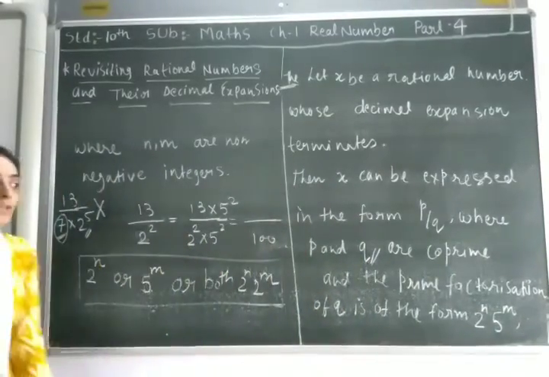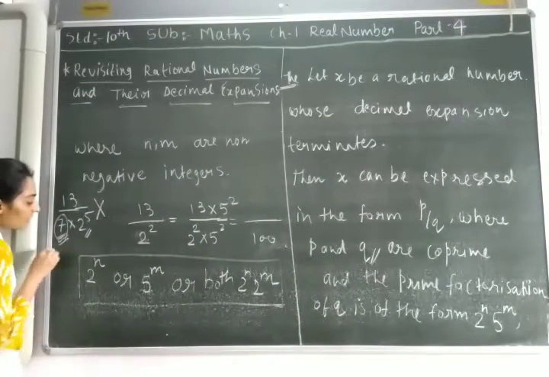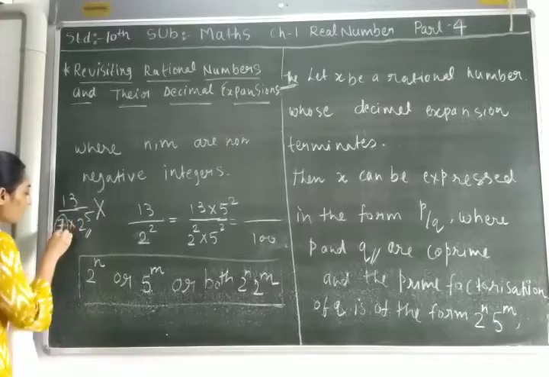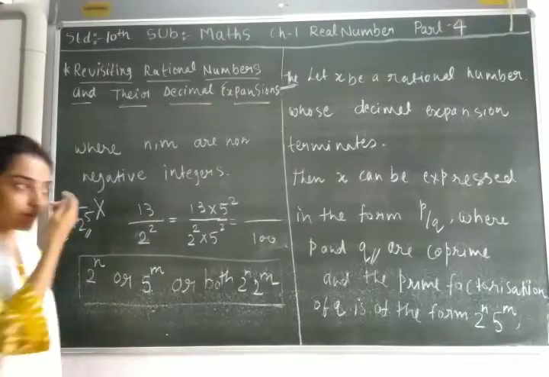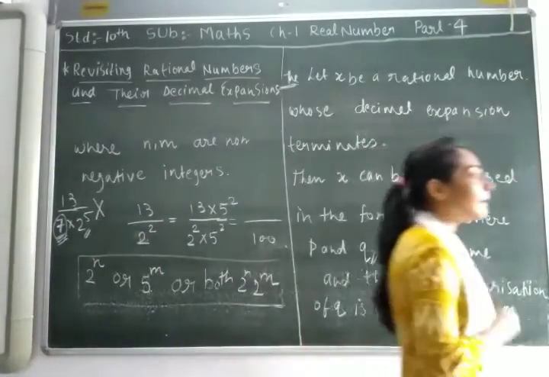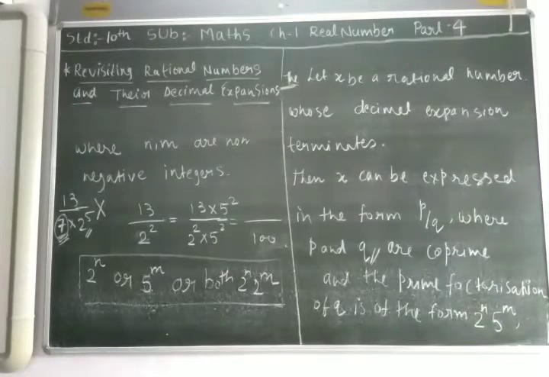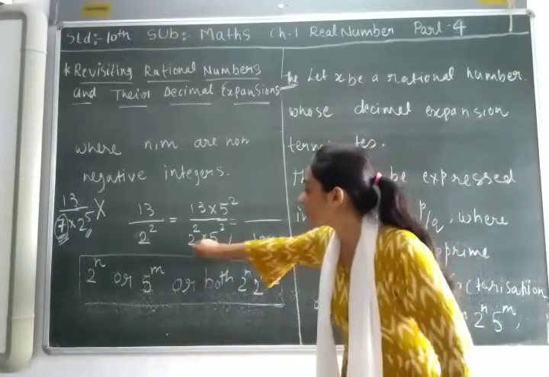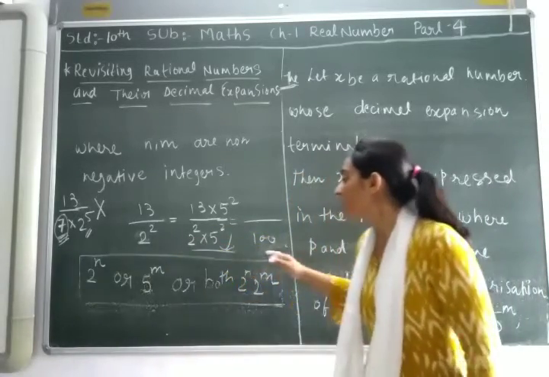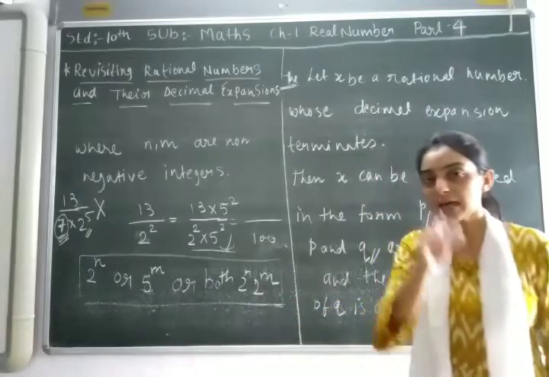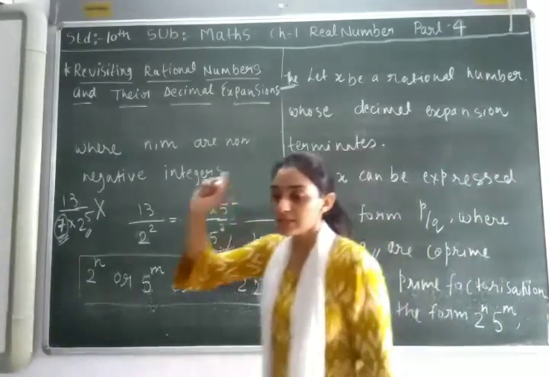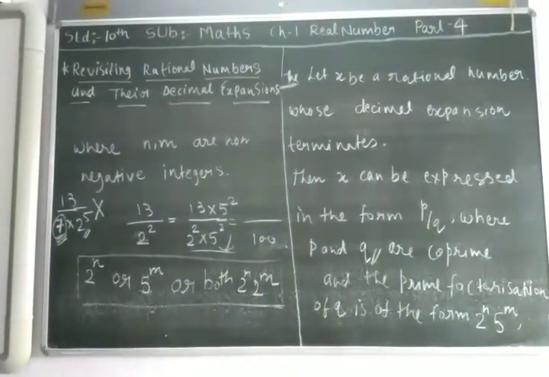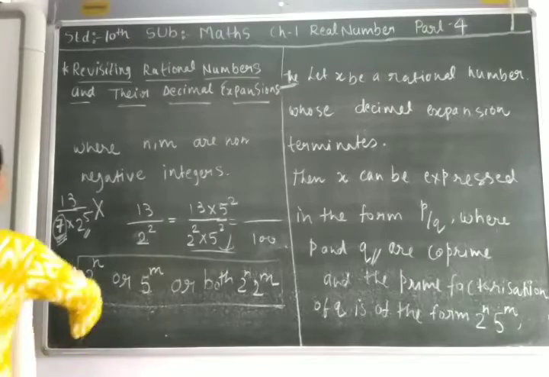We have a problem with other digits. If any other digit comes in the denominator, we cannot say it's terminating; we can directly write it's non-terminating. Otherwise, we can check whether the denominator is in the form of any of these three things, and directly say that the decimal expansion is terminating.